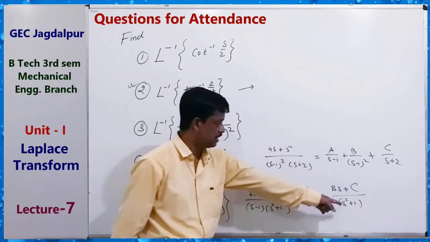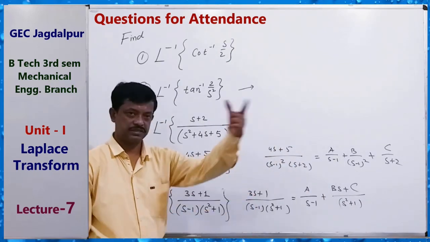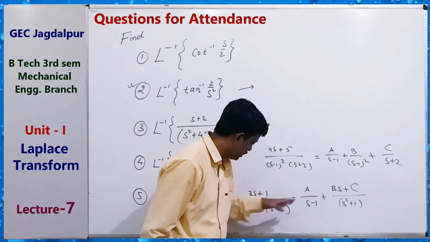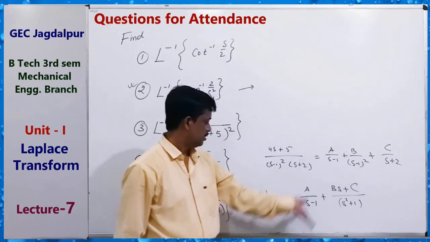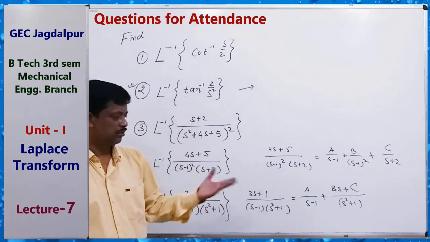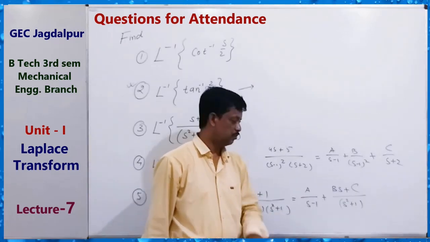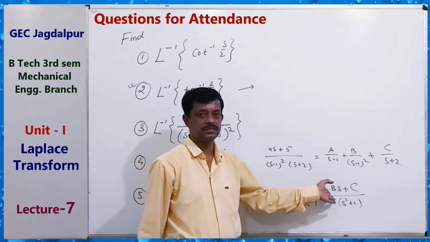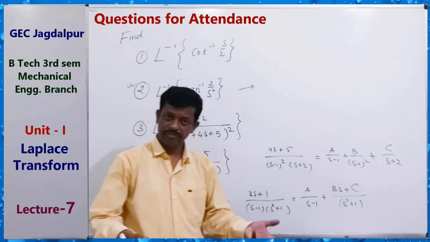In the case of a second degree factor, you have to write like this. Then also by multiplying both sides by this, and putting s equal to something, or by comparing the coefficients of s, you can find the values of a, b, c. Then put the values of a, b, c here, and the inverse Laplace transform of this can be solved by any of the standard formulas.